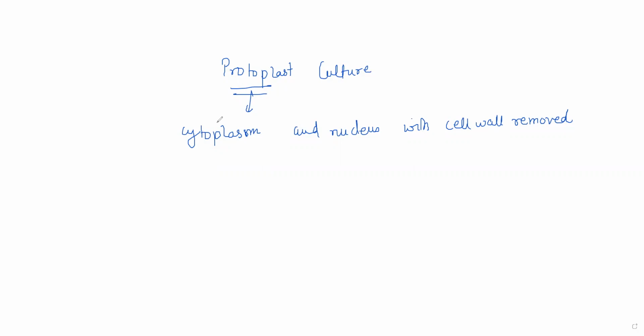So let us discuss the methods of protoplast preparation. There are several methods by which the protoplast may be isolated. First is by mechanically cutting or breaking the cell wall.